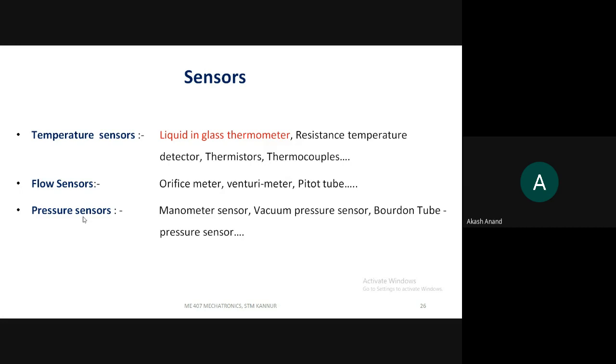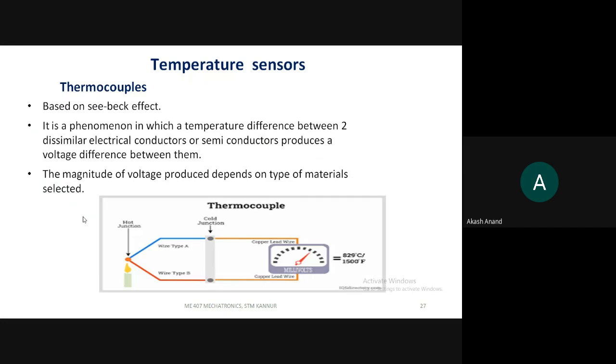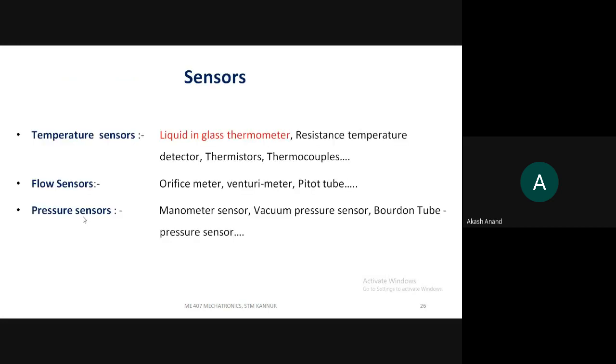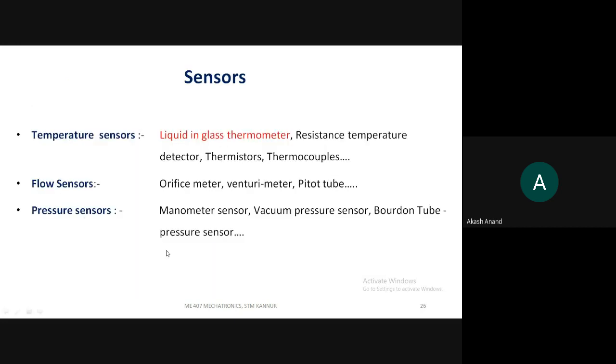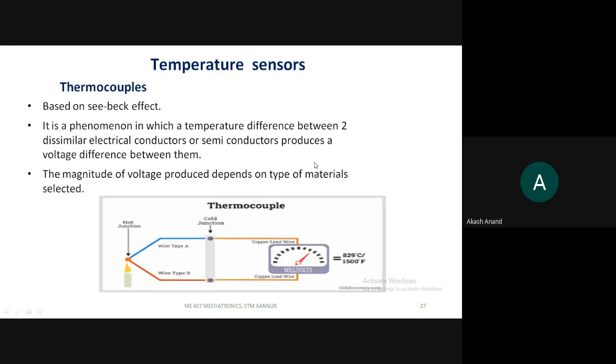Okay. So getting into detail, first we are taking the temperature sensor as the first topic. The first example of a temperature sensor is the thermocouple. You can see it mentioned here. So the thermocouple is your first example, and the figure of the thermocouple is shown below.